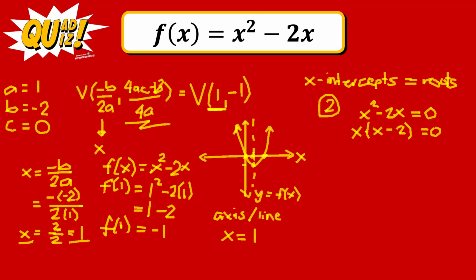We are using common monomial factoring because this has no C coefficient. Now this could only be equal to 0 if one or both of the factors is equal to 0, according to the zero factor property or the zero product property. This is only true if the first factor, x, is equal to 0, or the second factor is also equal to 0.